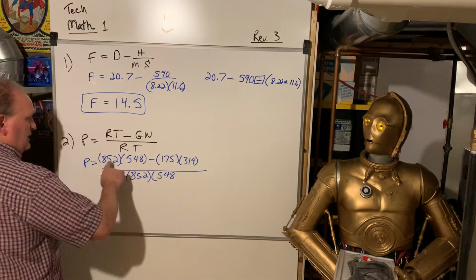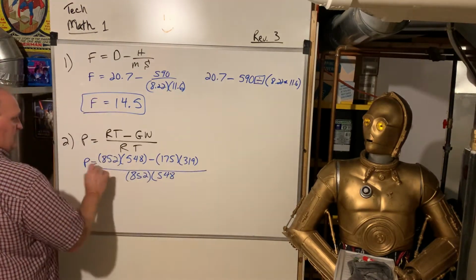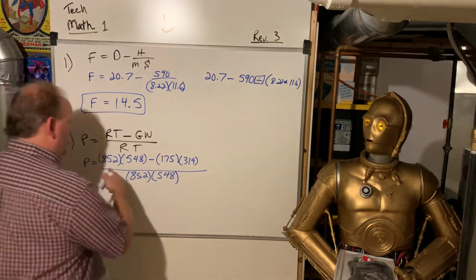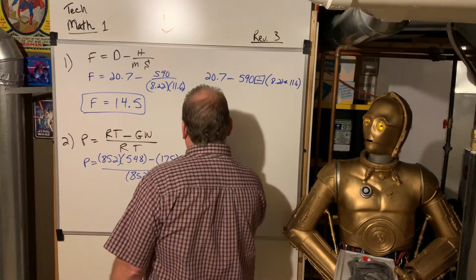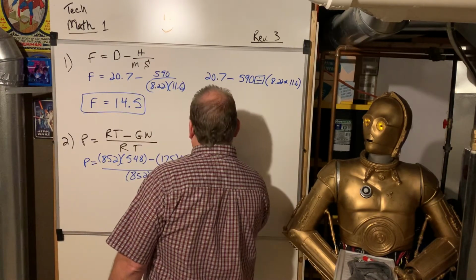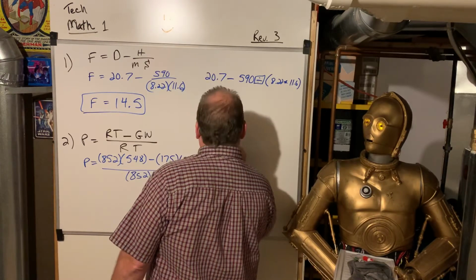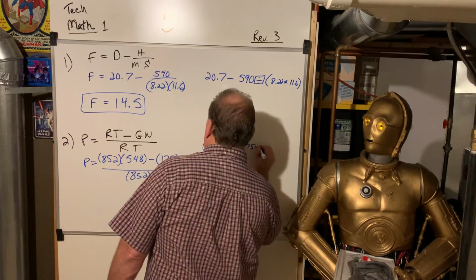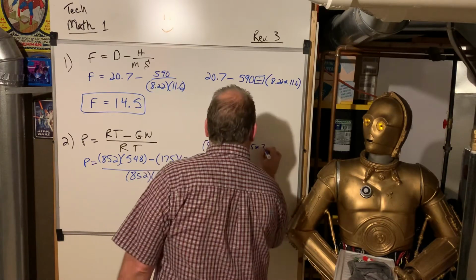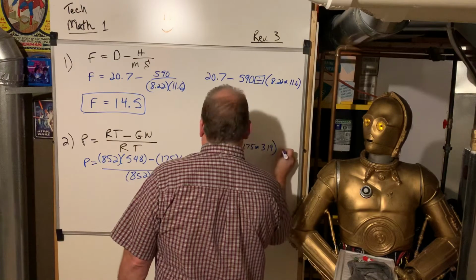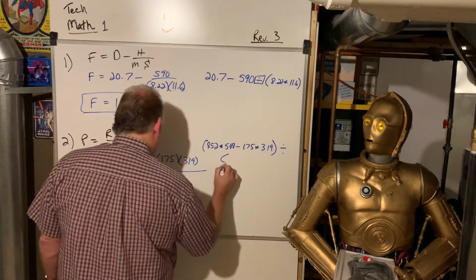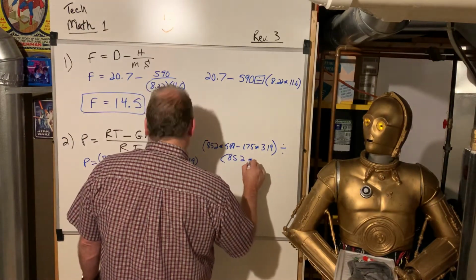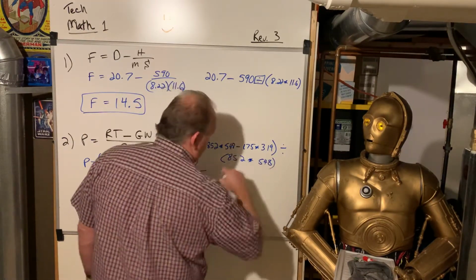Or again, if you wanted to type that all in, you'd have to put parentheses around that, and then divide it by, and then parentheses around that. So if you wanted to key it all in one shot, it would be a parenthesis, 852 times 548 minus 175 times 319, end parenthesis, divided by, and then a parenthesis again, 852 times 548, end parenthesis, and then just hit enter.